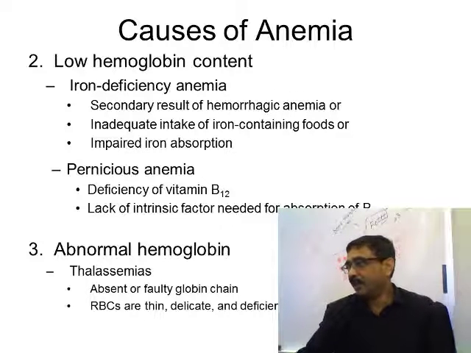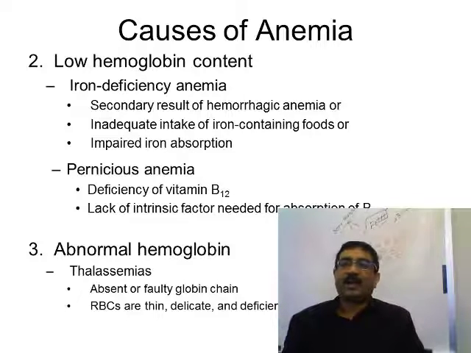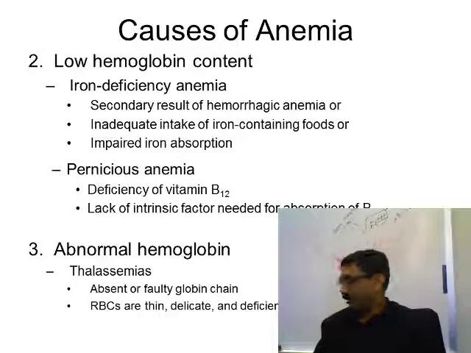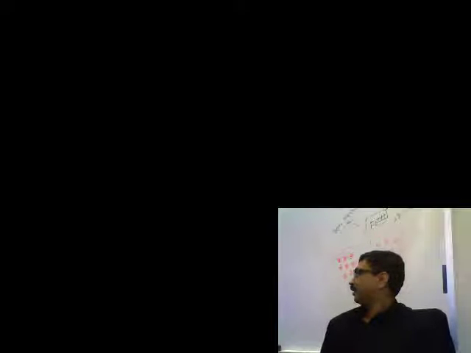So either lack of iron or vitamin B12 will cause less synthesis of hemoglobin. So the red blood cells will get less amount of hemoglobin. Just know that those are the two main reasons that will cause low hemoglobin content anemia.